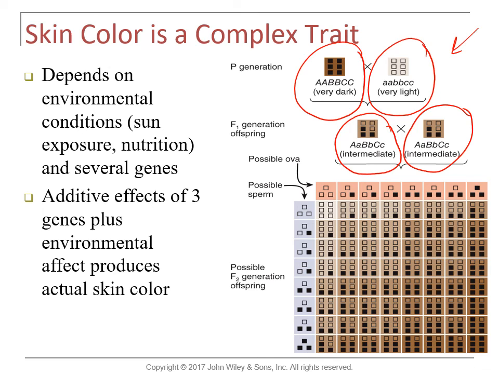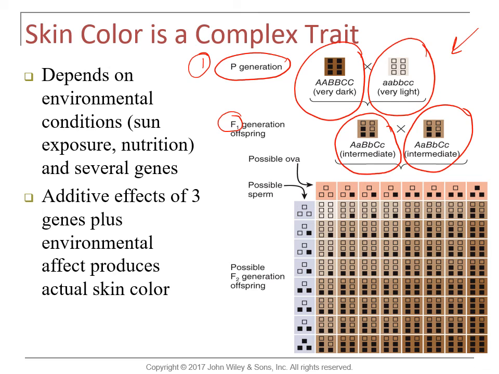Okay, so here note that the P generation here is going to be the parental generation. Okay, is the starting generation. Okay, this is where it all starts. And then the F1 generation is going to be the first generation, okay, of the offspring, and then is produced from the P generation, okay.